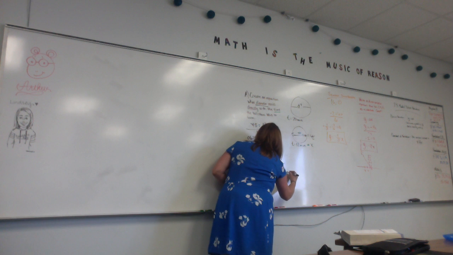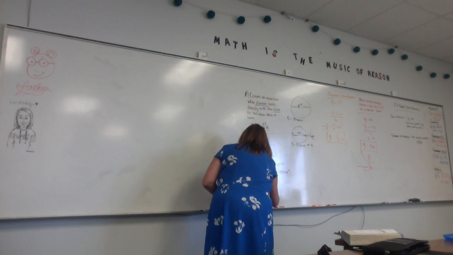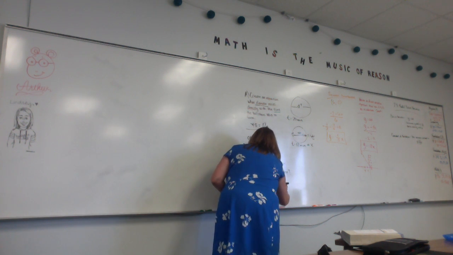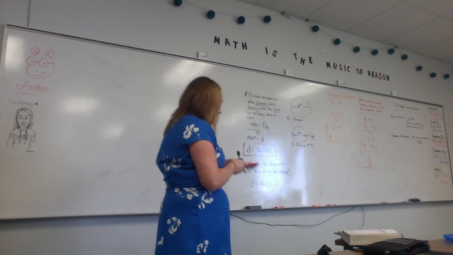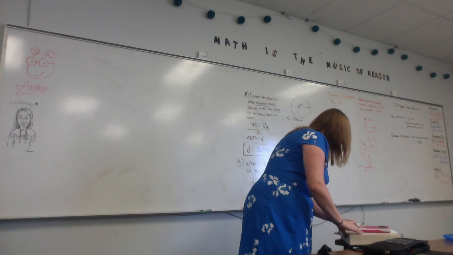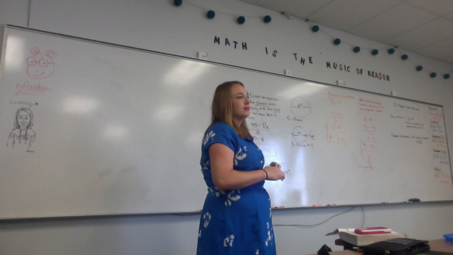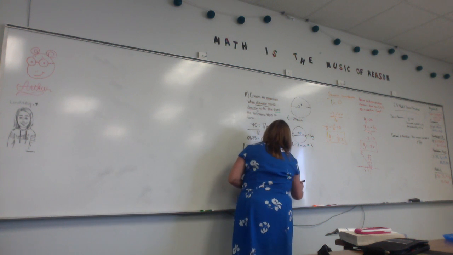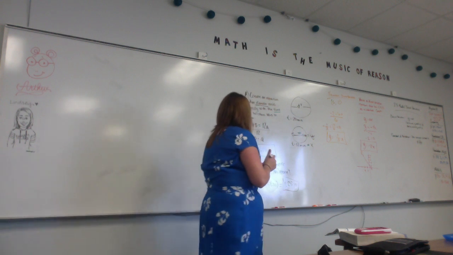Tyler said all we're going to do is plug 20 in for t, so that it says d equals 0.0625 times 20. If I multiply by 20, you get 1.25. You get 1.25 inches, and your answer has to be in inches.